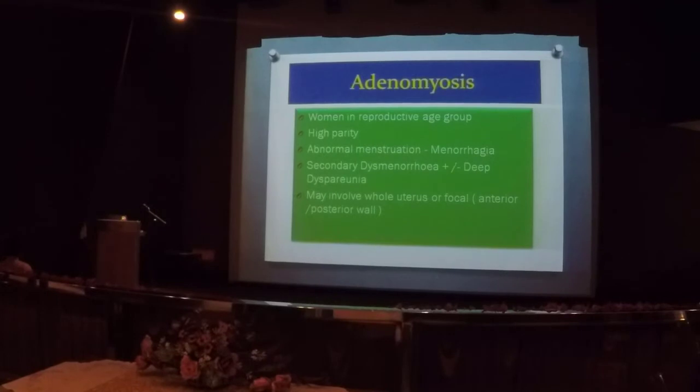Adenomyosis basically involves women in the reproductive age group. Anak ramai biasanya, high parity. It may come with abnormal menstruation, especially menorrhagia, may have secondary dysmenorrhea or dyspareunia, and may involve the whole uterus or be focal, either in the anterior or posterior wall.